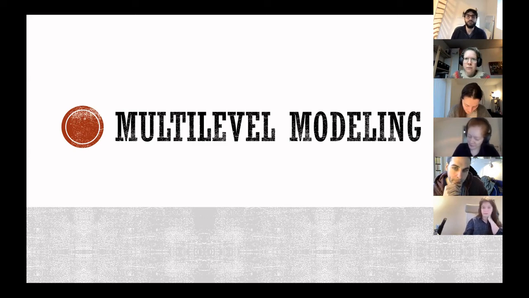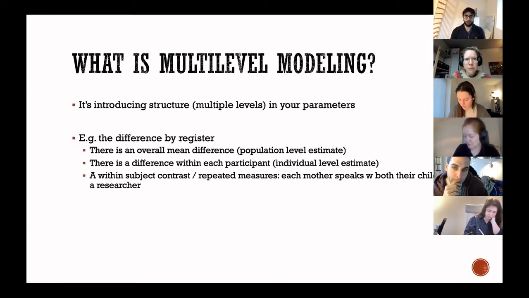We will move into multi-level, or hierarchical, or mixed effect models. So what's the point of multi-level modeling? The first and crucial point is the reason for which we call it multi-level or hierarchical: we introduce structure, that is multiple levels, in our parameters.